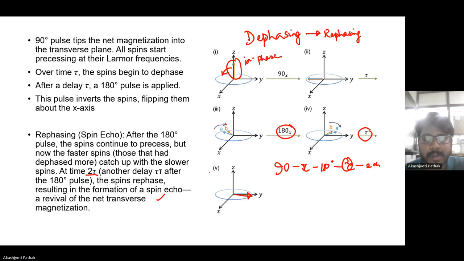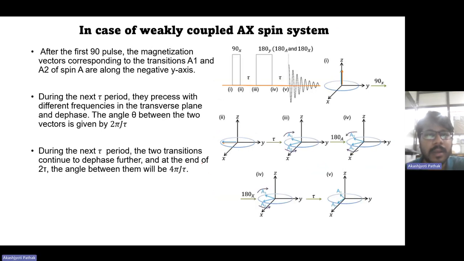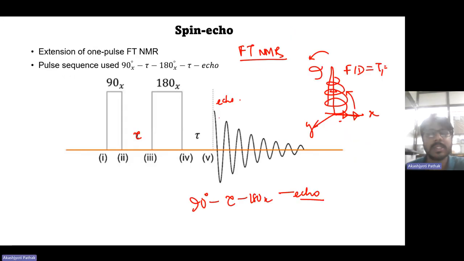Okay, so I hope that is clear. This is the concept of spin echo. So remember that the pulse sequence that is used is 90x, tau, 180x, tau, and after both the nuclear spins get rephased, we record the signal.